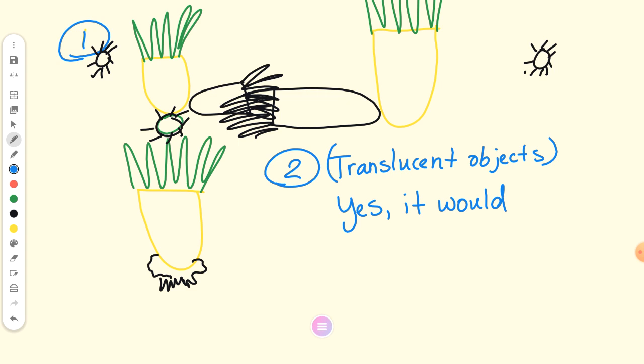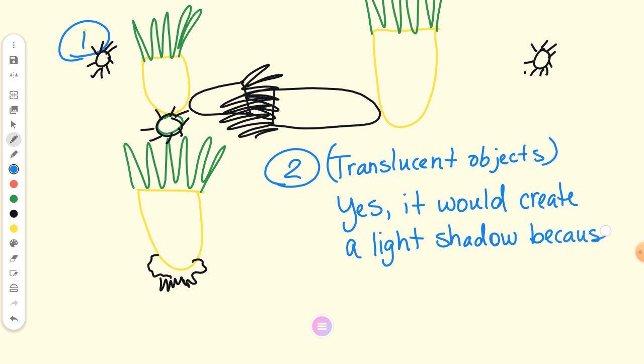It would create a light shadow because, bye Elise, it would block some light.